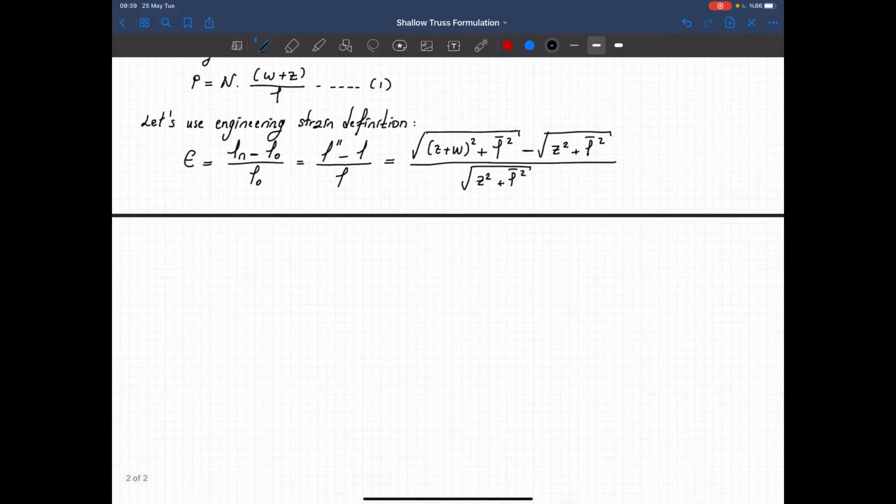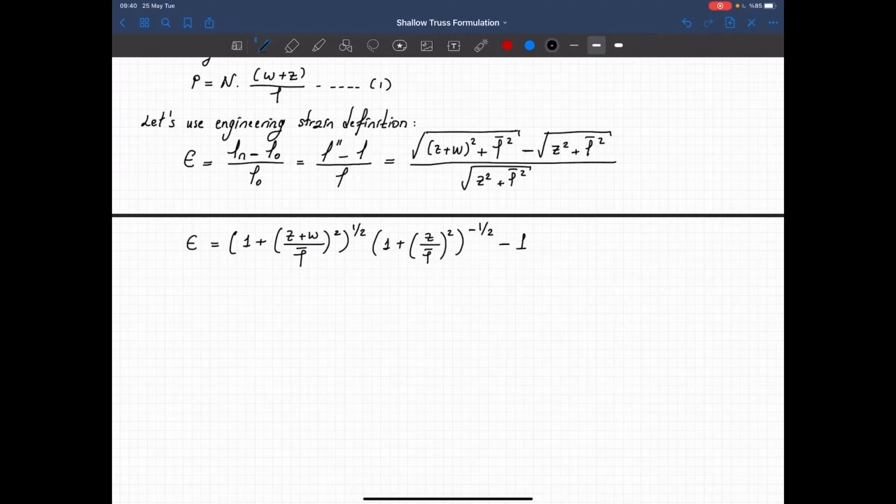That's our engineering strain. And if we simplify this, we end up with the following equation: 1 plus Z plus W divided by L hat squared, to the power 1 over 2, multiplied with 1 plus Z over L hat squared, to the power minus 1 over 2, minus 1. Now we need to simplify this.